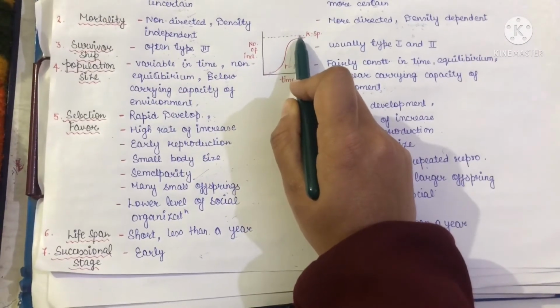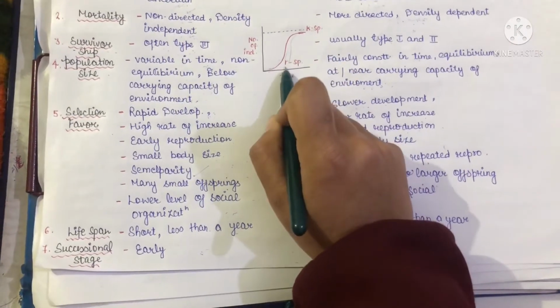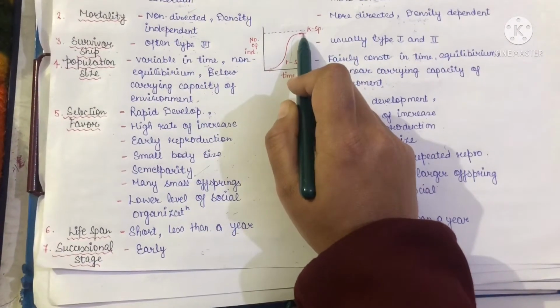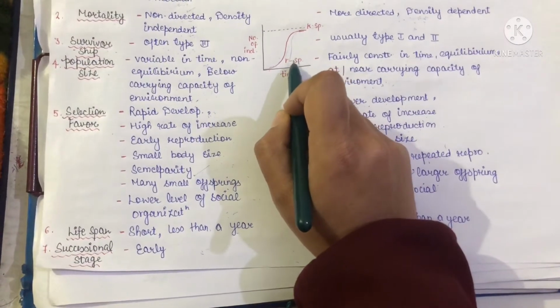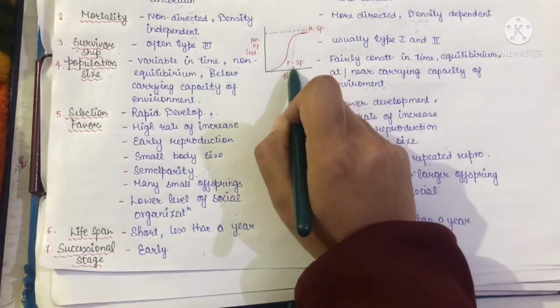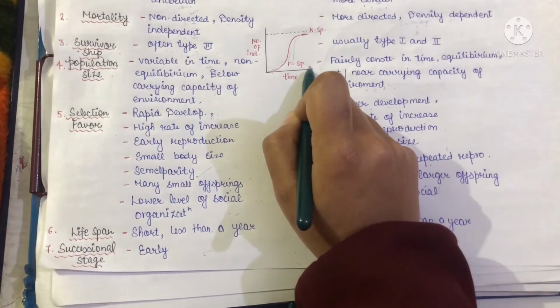This is the carrying capacity, right? If a species has a higher carrying capacity, that means its survival rate is high. But this is not the case for R species, because the survival rate of the R species is very low.